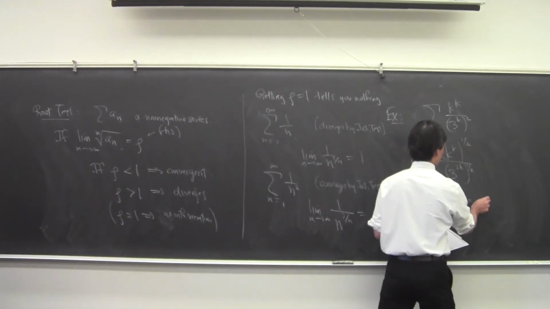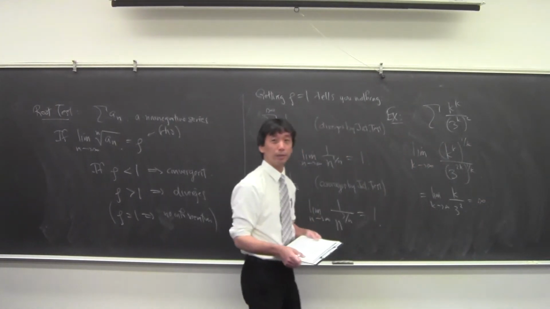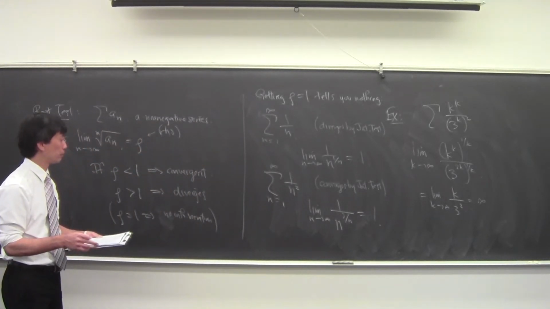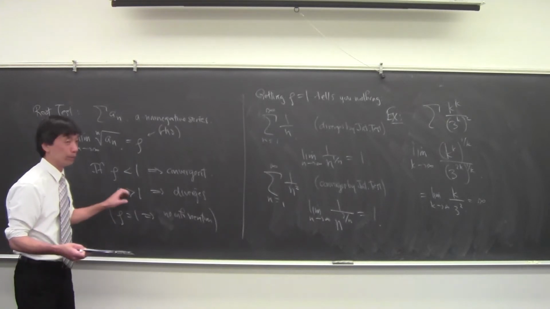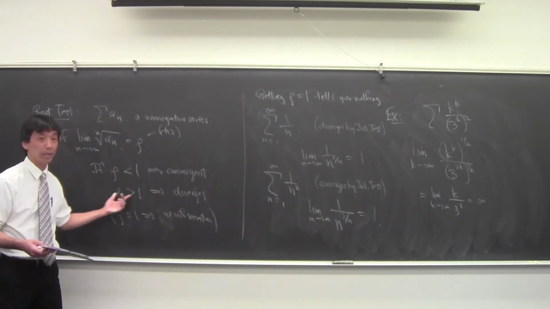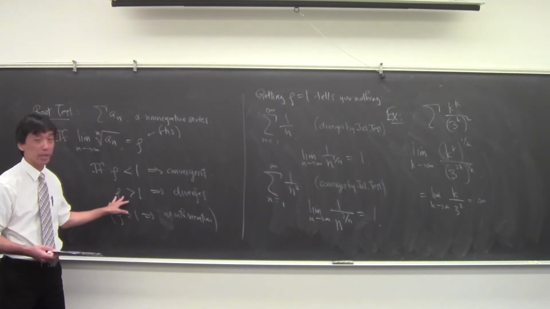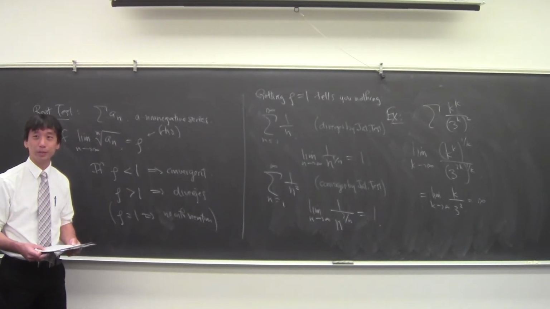Well, that's going to be infinite. That will also tell you that it diverges. So if rho is infinite, that's also going to be divergent.